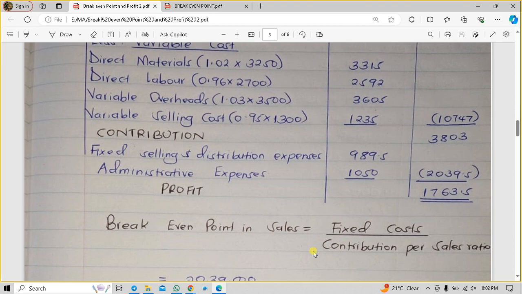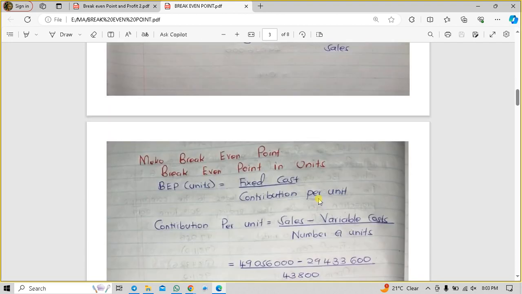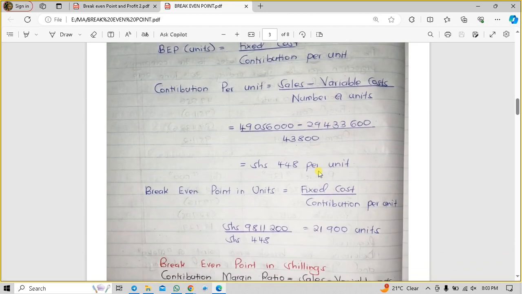Expressed in percentage. So we are using this one. This one has no percentage. Yeah, it can be expressed in percentage if you are using break-even point.